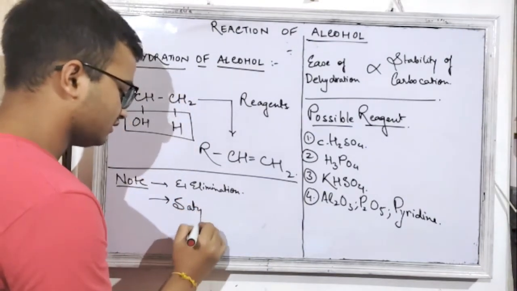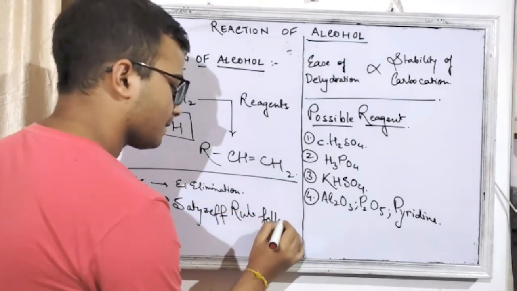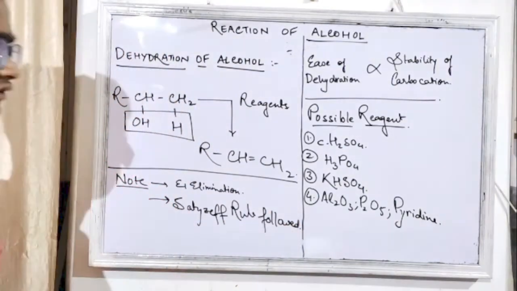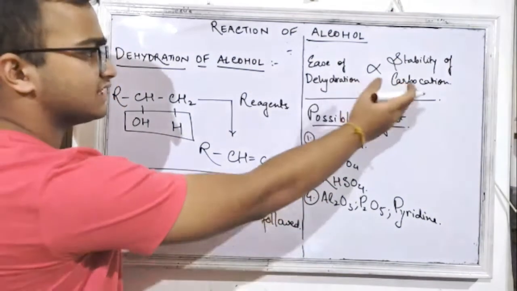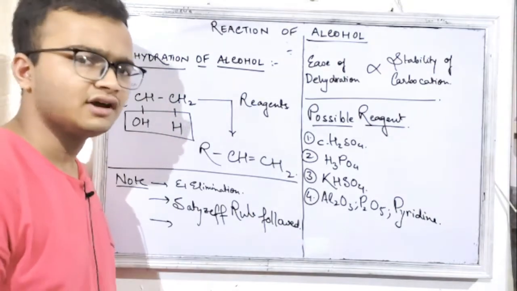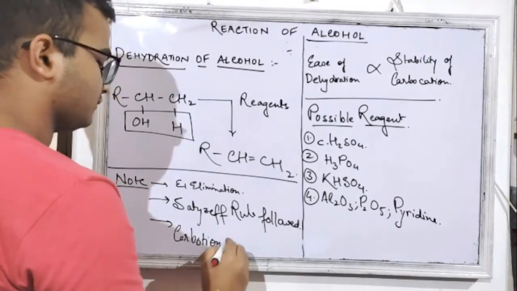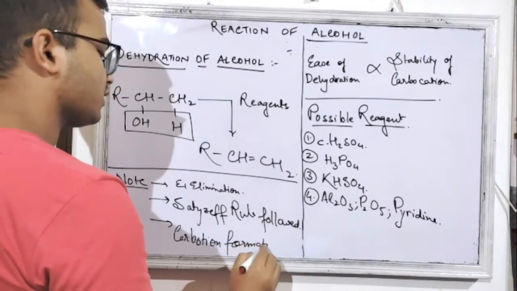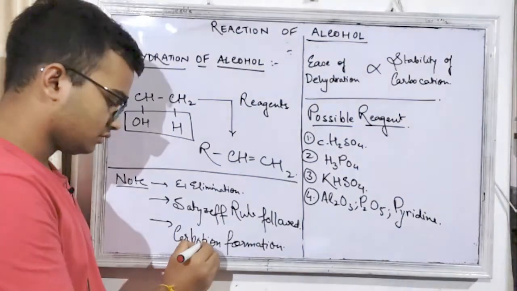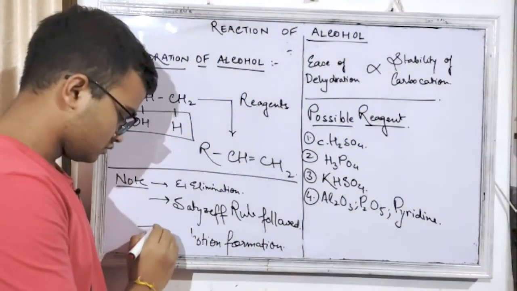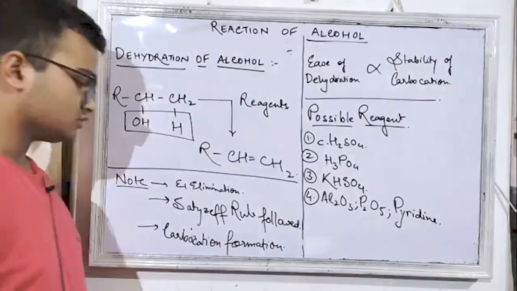After the Saytzeff rule, you have to write that carbocation formation is taking place, because ease of dehydration depends on the stability of the carbocation. So carbocation formation takes place.